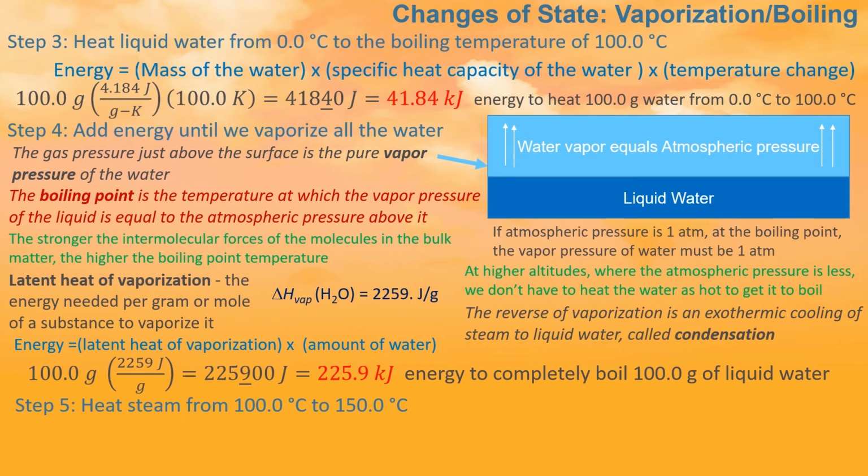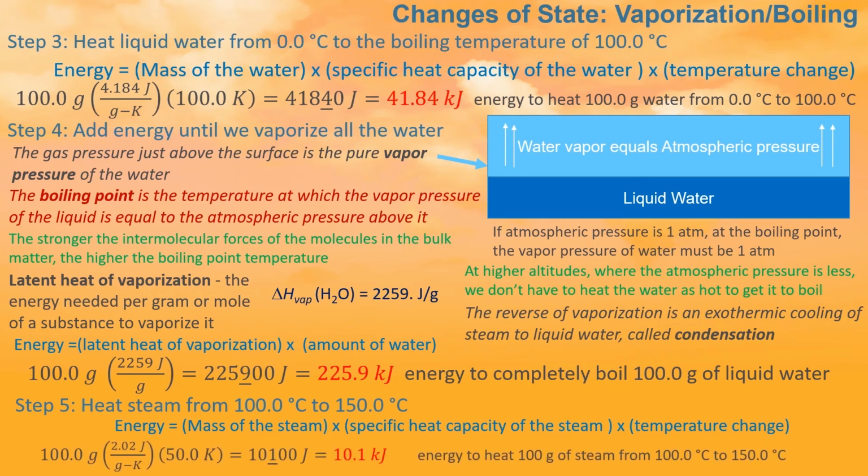Using the specific heat capacity for steam, 2.02 joules per gram Kelvin, we take the product of the mass of steam, 100 grams, the heat capacity, and the temperature change, which is 50 degrees Celsius, and get the energy input of 10.1 kilojoules to heat the steam from 100 degrees Celsius to 150 degrees Celsius.